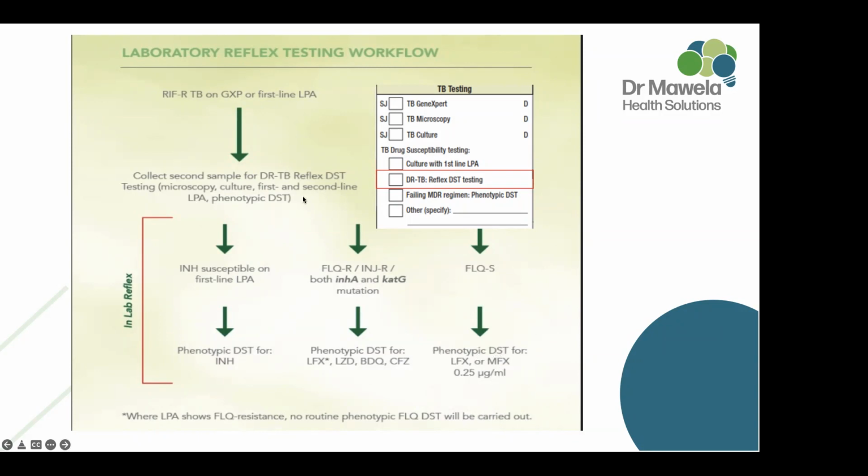So quite important. Once you get a rifampicin resistant TB, a sputum is collected for DRTB reflex, and the lab will be doing all these reflex tests depending on the result of your line probe assay.